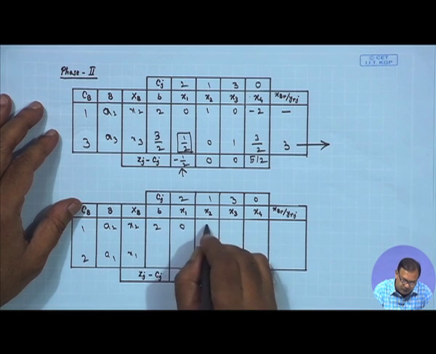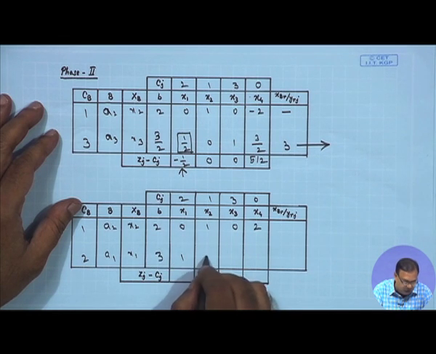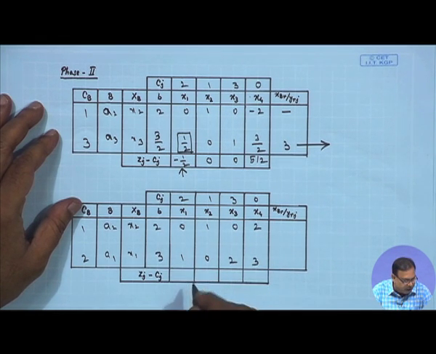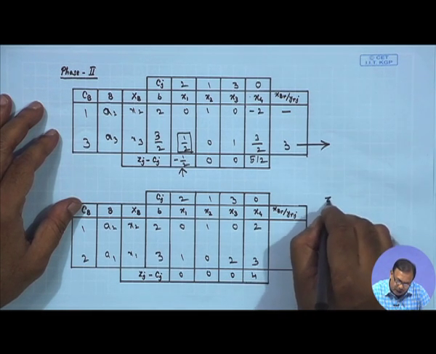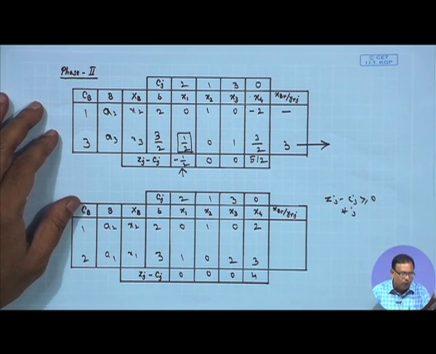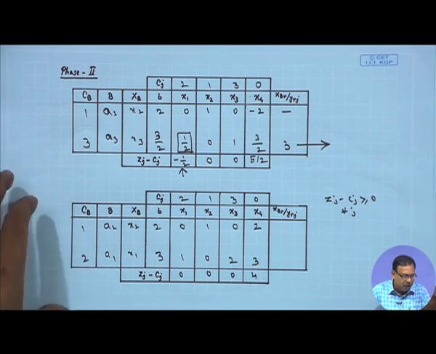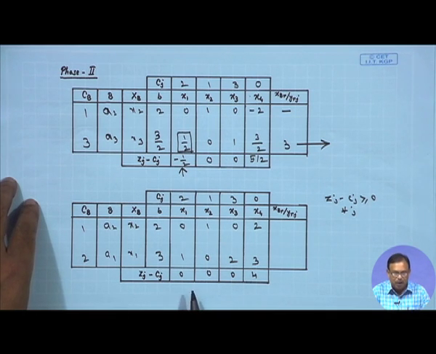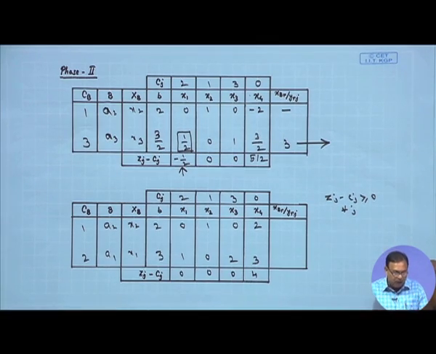So the table you will obtain is 0 1 0 2, and in this case it will be 3 1 0 2 and 3. zj minus cj, if you calculate, 0 0 0 4. So your zj minus cj is greater than or equal to 0 for all j. So we obtained the optimal solution, and the optimal solution is unique, because zj minus cj equals 0 for the basic variables x1, x2, and it is greater than 0 for the non-basic variables.